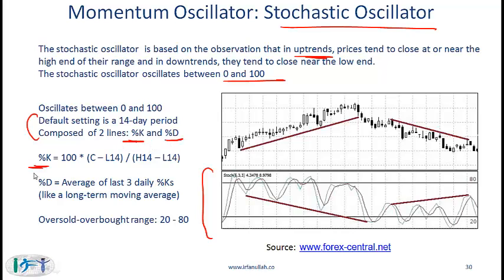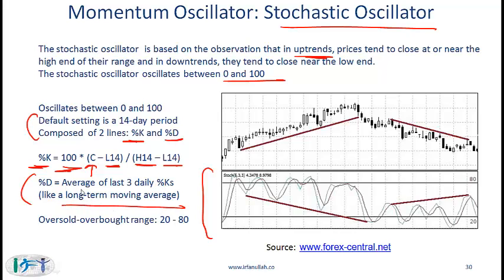You calculate percentage K by doing 100 times C, where C is the most recent closing price minus L14, the low price over the recent 14 days, divided by the high over the recent 14 minus the low over the recent 14. And then percentage D is like a long-term moving average.